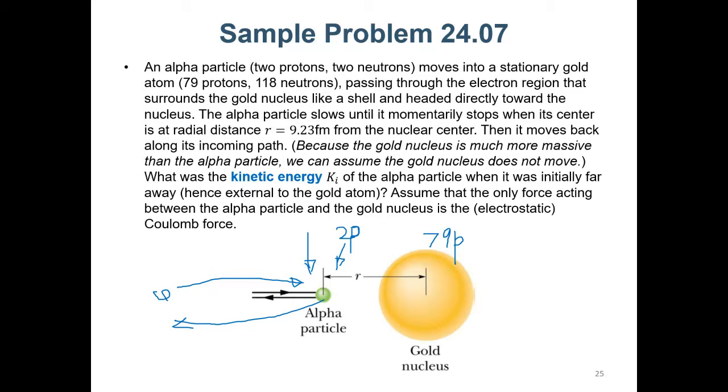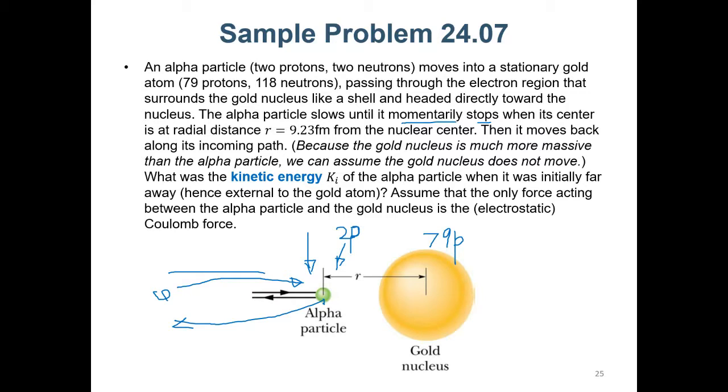The alpha particle slows until it momentarily stops. During this period there is a repelling force, and when it moves closer, the force becomes even larger. So it slows down until it stops and goes back.